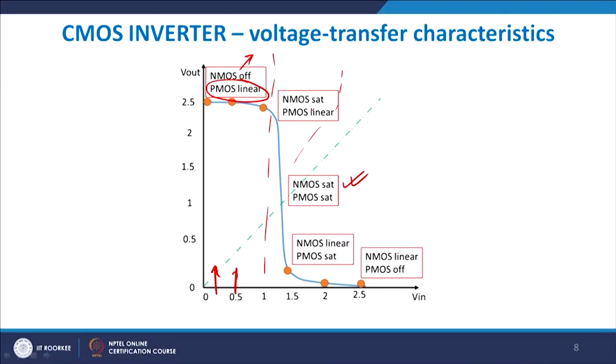Then just the reverse happens here: NMOS is in linear and PMOS in saturation, and here NMOS is on and linear, and PMOS is off. So, all the 5 regions which are there in the voltage transfer characteristics of a CMOS appear here as well. That is very, very important to be careful about.